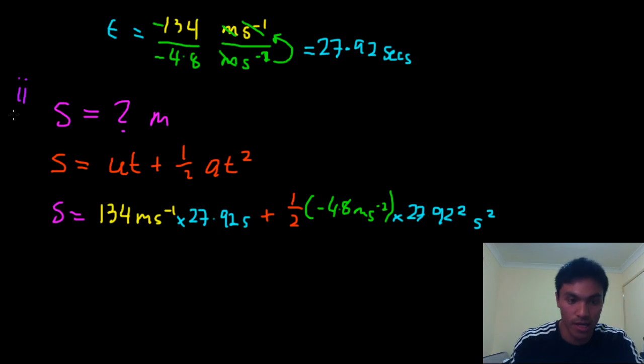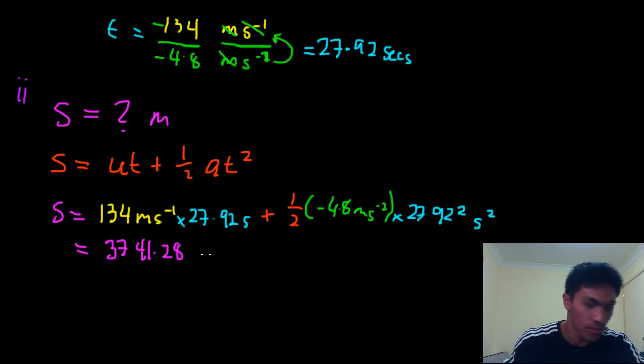So if we evaluate that, this first part, the ut, would be 3,741.28 meters, because if you multiply seconds to the negative 1 and seconds, they essentially cancel out.